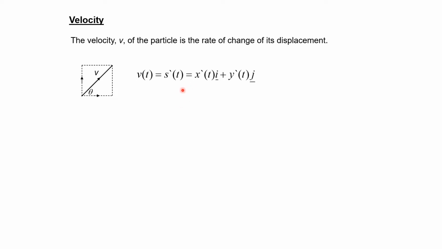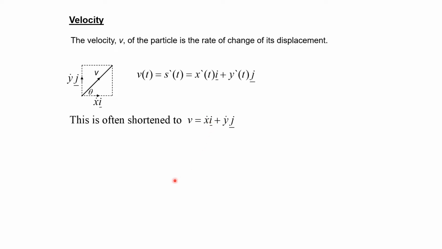So when we differentiate s from the previous slide, you will get x'(t) and y'(t), and this is how we write the symbol. You can further shorten it to x dot i and y dot j.